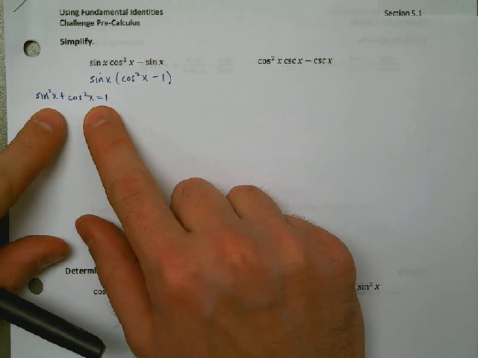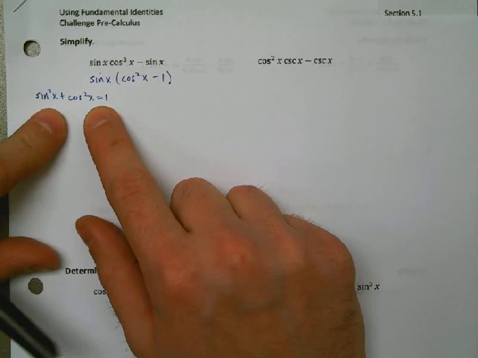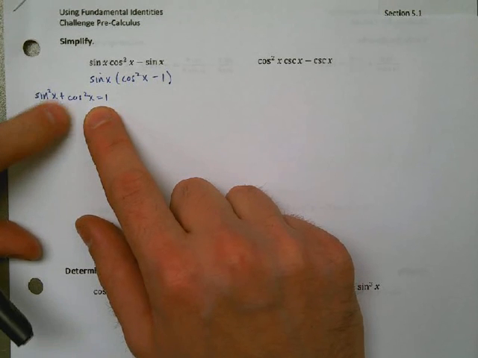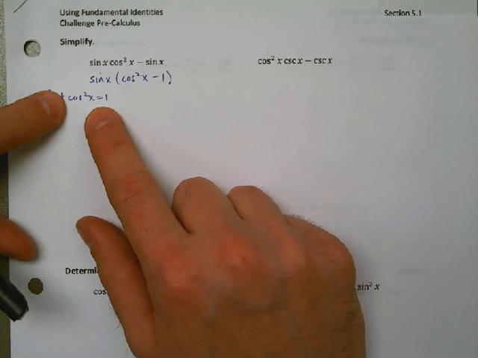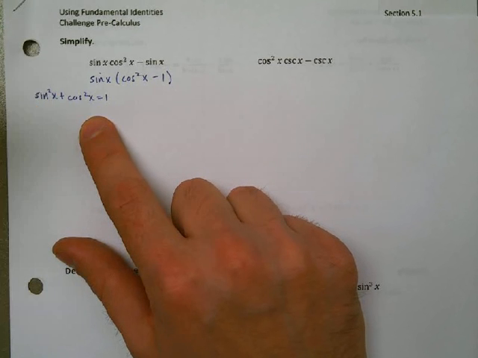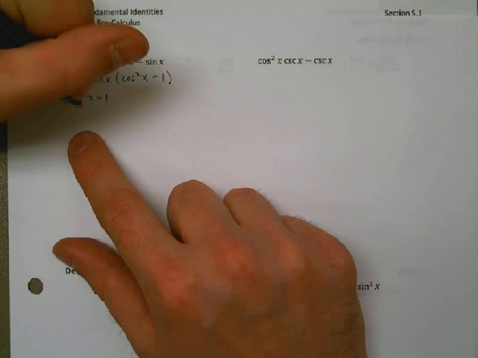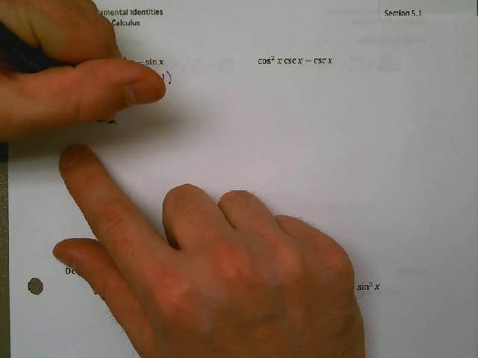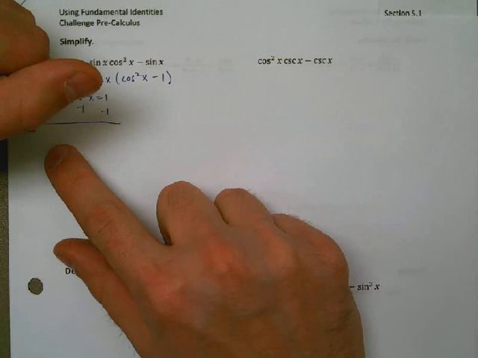X stands for the angle involved, and I'm not doing anything with that. I'm not cubing the angle. It's not x cubed or anything. The angle stays the same. All I'm doing is cubing the sine after I figure out exactly what that is. So it turns out this is a much simpler way of writing the same thing as sine x cosine squared x minus sine x. Agreed?